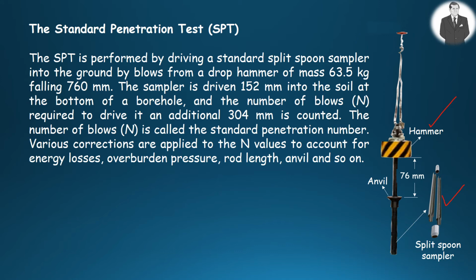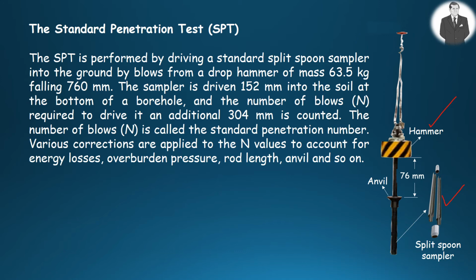The sampler is driven 15 centimeters into the soil at the bottom of a borehole, and the number of blows needed to drive it an additional 30 centimeters is counted. The number of blows is called the standard penetration number.